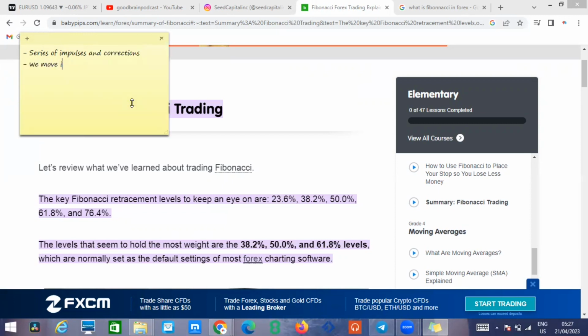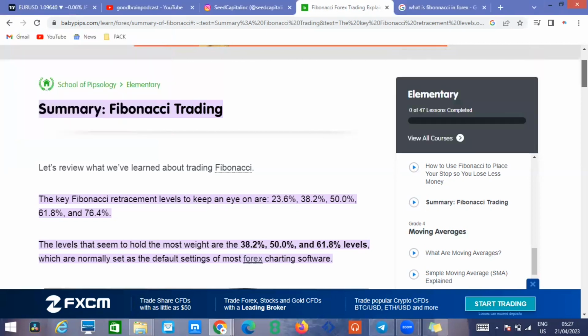We move in a push and exhaustion manner, which I will show. That's what you guys need to know before we go anywhere deep.